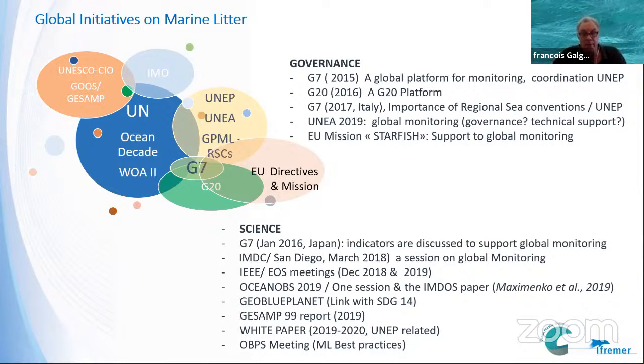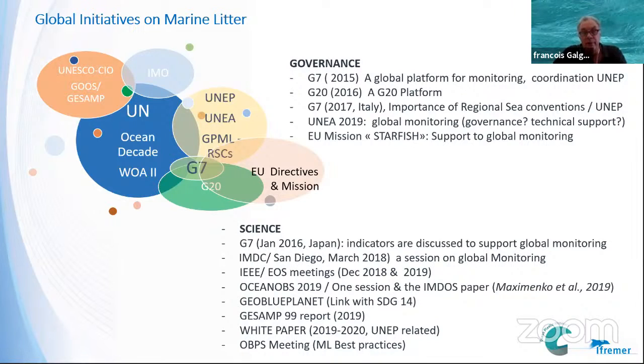So about governance, the first statement on global monitoring was from the G7 in 2015 under the presidency of Germany, where it was proposed, and I was personally involved with that. I'm really happy it was proposed to have a global platform to monitor marine litter as part of the assessment and before the reduction measures to be taken.